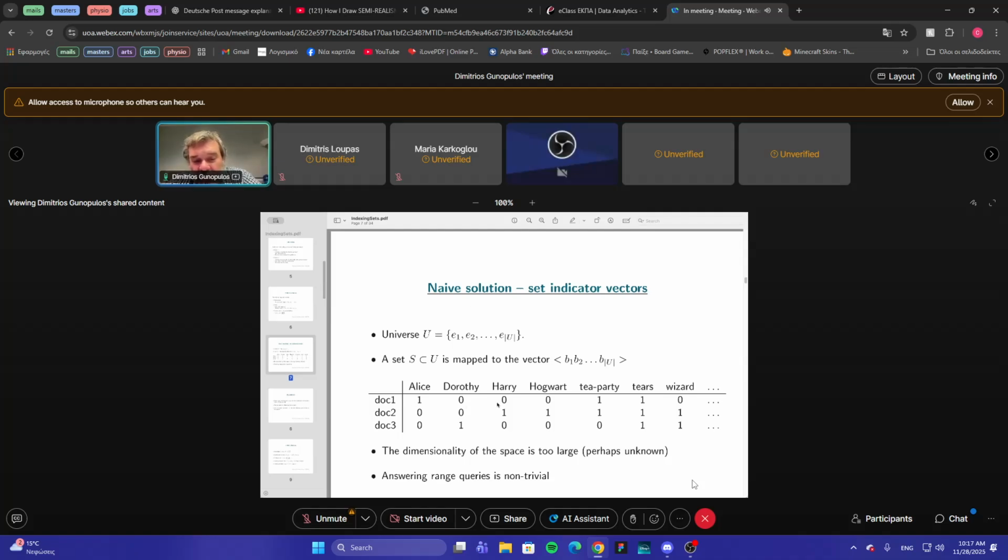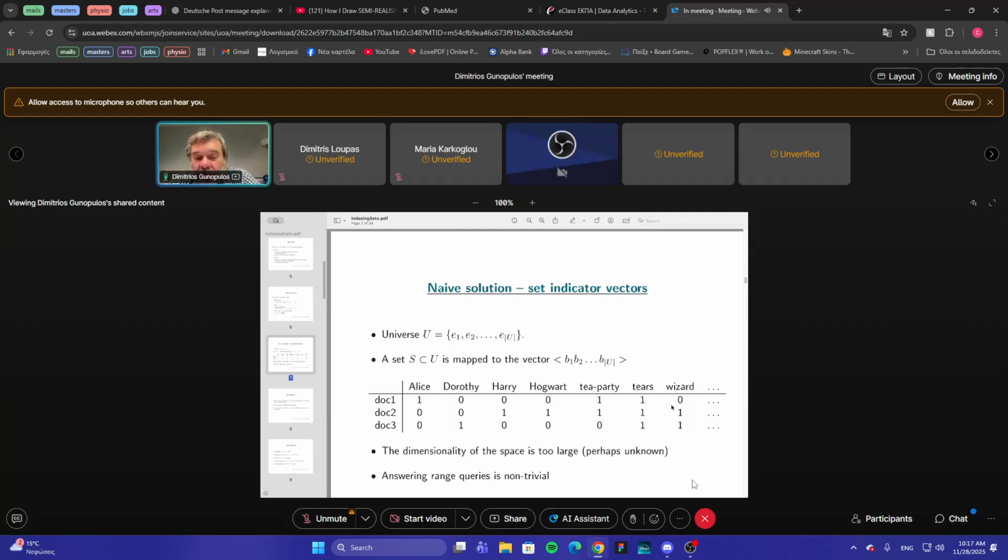Now, as we said, if I only have two documents, this is relatively trivial to do. I just take this vector here and this vector here. I can compute the intersection. The intersection is just how many places they both have ones, so it's the AND of the two bit vectors. The union is when either one has a one, like here, here, here, here, so it is the OR of the two bit vectors.